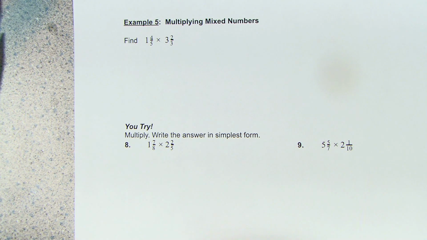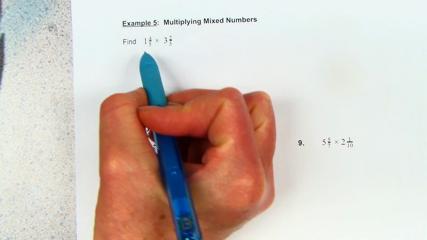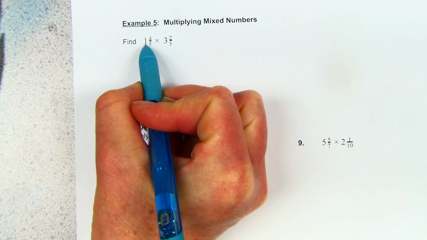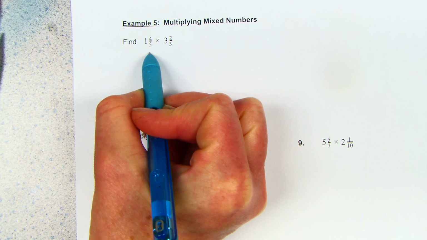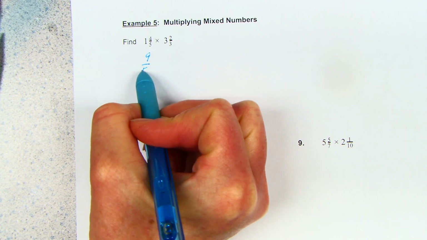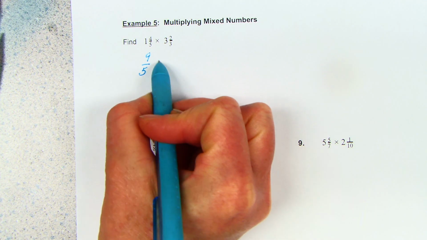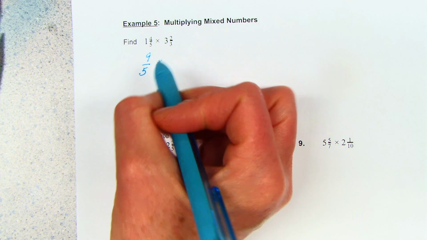Okay, let's first do it just with the numbers, and then we'll compare it with the rectangle. So we've got 5 times 1 is 5, and plus 4 is 9/5. So 1 and 4/5 is 9/5. And 3 times 3 is 9, plus 2 more is 11/3.